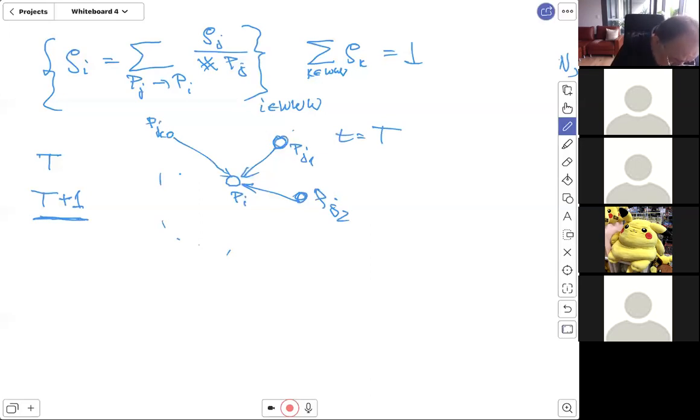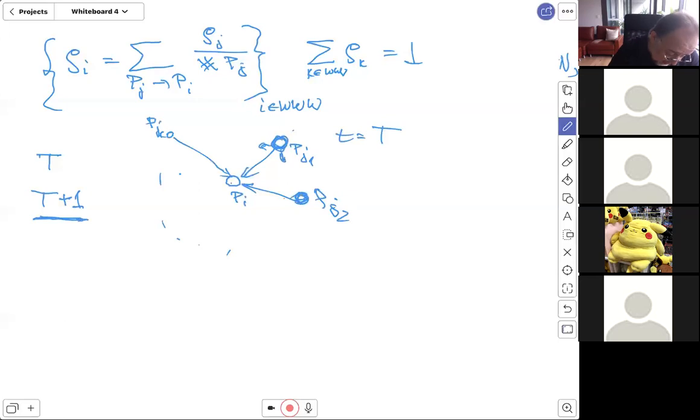So in order to be at web page pi after T+1 many clicks, we should have been either at web page pj1 and chosen the appropriate link that goes to pi, or we should have been at web page pj2 and chosen the appropriate link, and so forth.